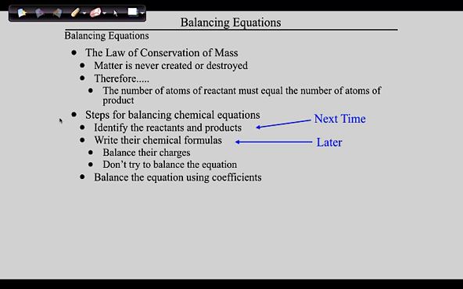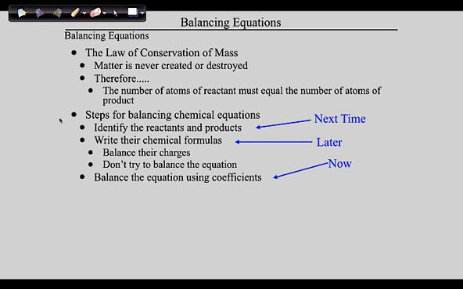And then, guys, finally, step 3 is to balance the equation using coefficients. Coefficients are the large numbers that we were writing in front of the formulas for the reactants and products. And guys, that's where we're going to start. We're going to do that first, and we're going to work our way through this set today and then on Friday.